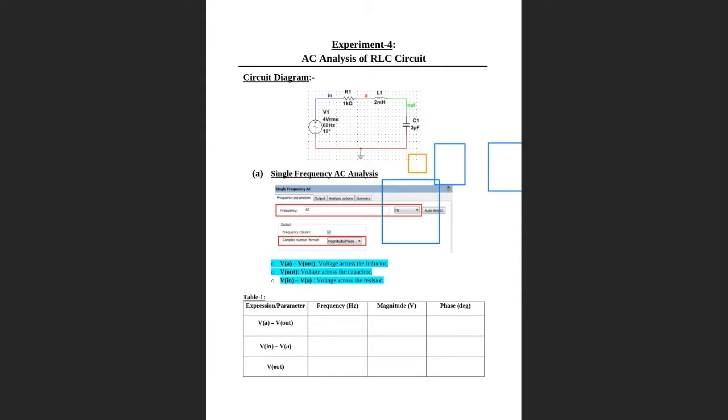Also we have to use A. This is already in red color and we have to change the name to A. Same, right click, properties, make the name A, and show net name. You can see it is A.